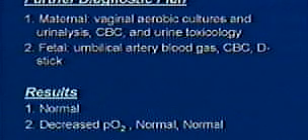Other things that we need to be thinking about are fetal. What are we going to look at as far as the infant? What would be important tests that you would want to consider or important information that you would want to know? Well, first of all, you'd want to look at an umbilical artery blood gas. And with that, what we're finding, because this person is in respiratory distress, it's no surprise: the oxygen is decreased.